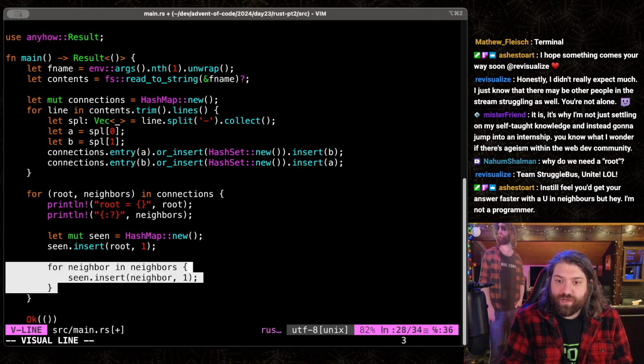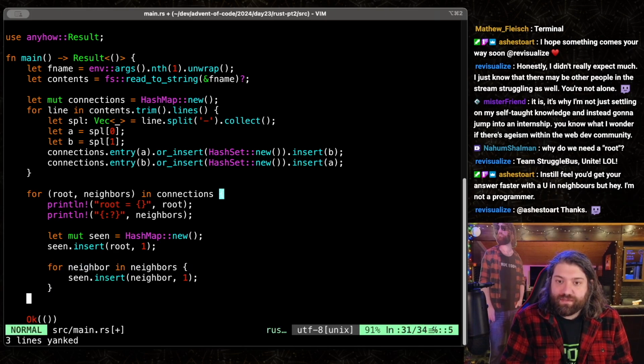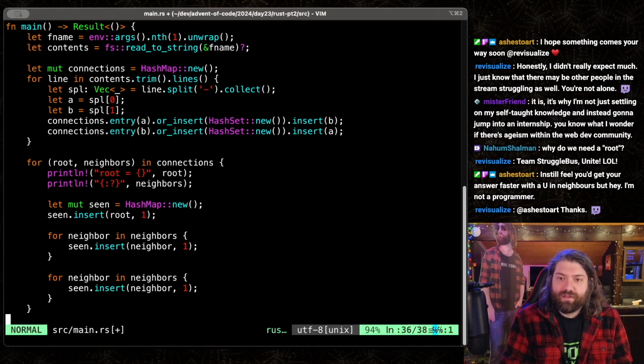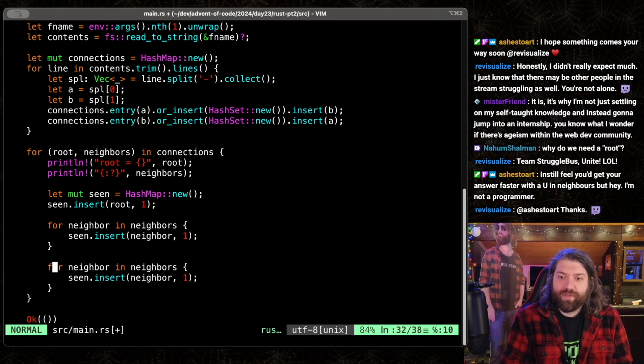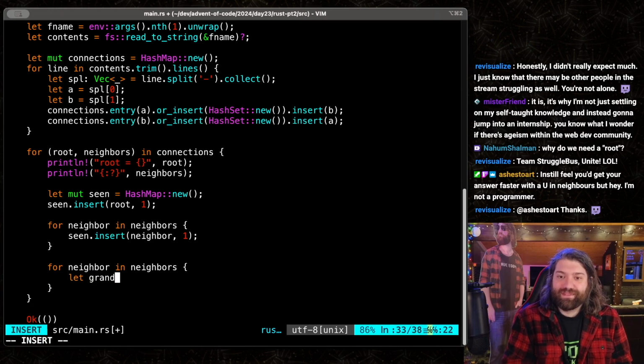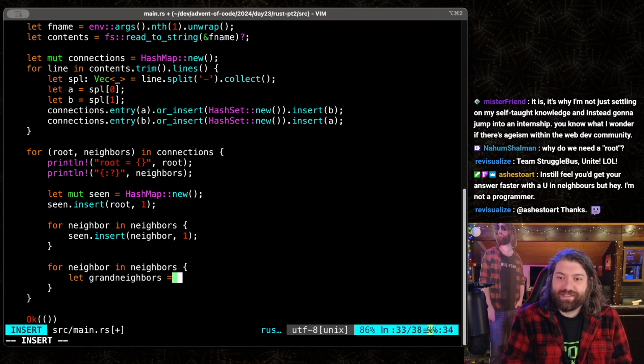Okay, we've seen him at least once. Which I guess is pointless to store that, isn't it? If it's all going to be one. Whatever, it's fine. Not the best code, but I don't care. For neighbor in neighbors, we need the neighbors of the neighbors. Grand neighbors.